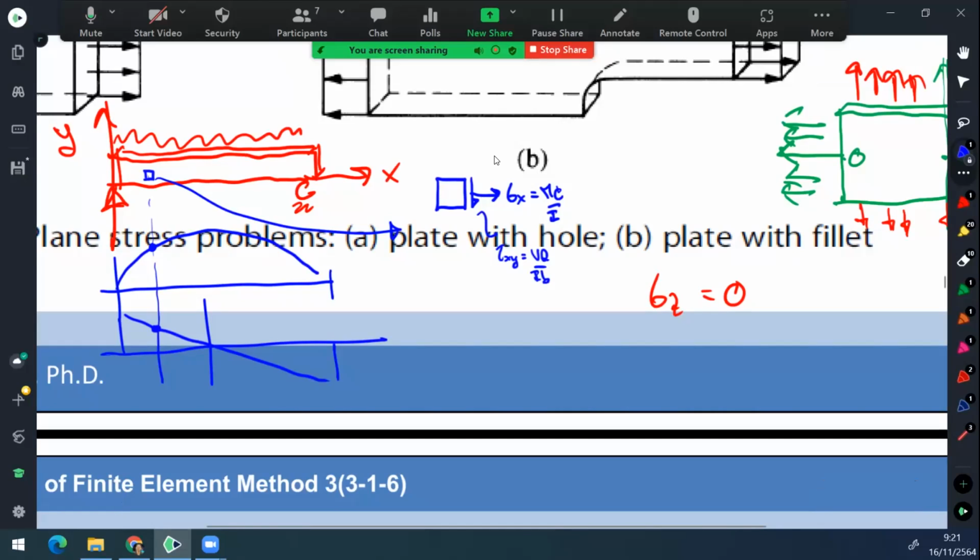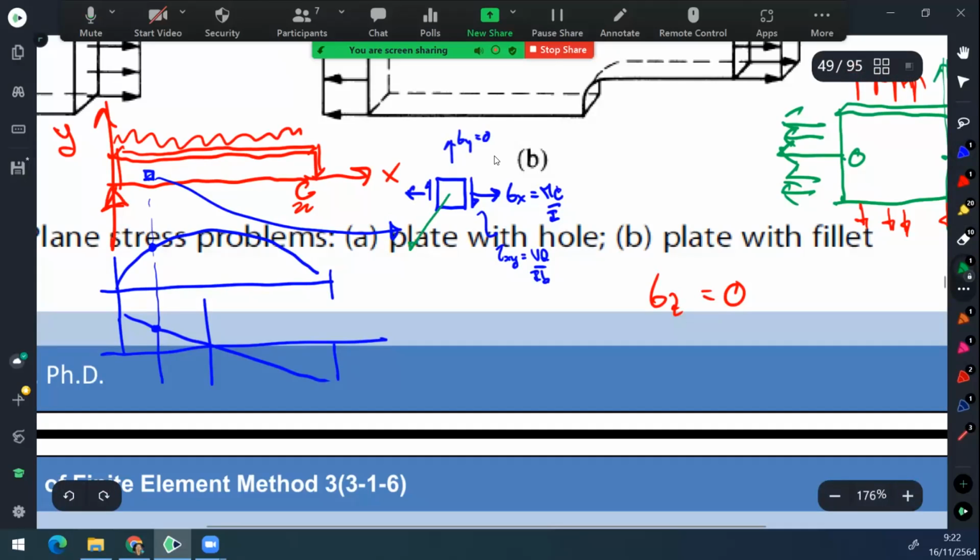So this is the state of stress of this element along the beam. For this case, sigma y becomes 0, and the out-of-plane axis, the axis perpendicular to this plane, sigma z, is also 0.